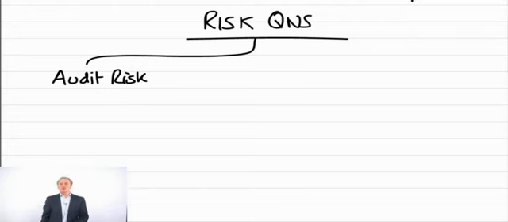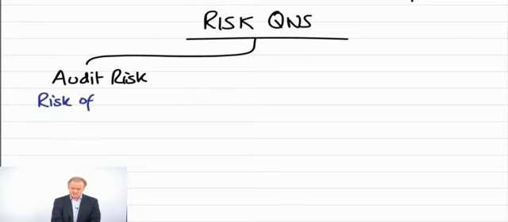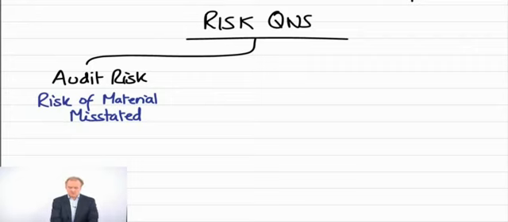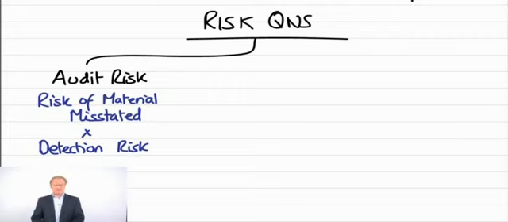So one potential question you will get asked is, here is a story, describe the audit risks. If you are asked to describe the audit risks, then you need to remember that audit risk is the risk that the financial statements are materially misstated and the auditor fails to detect this.